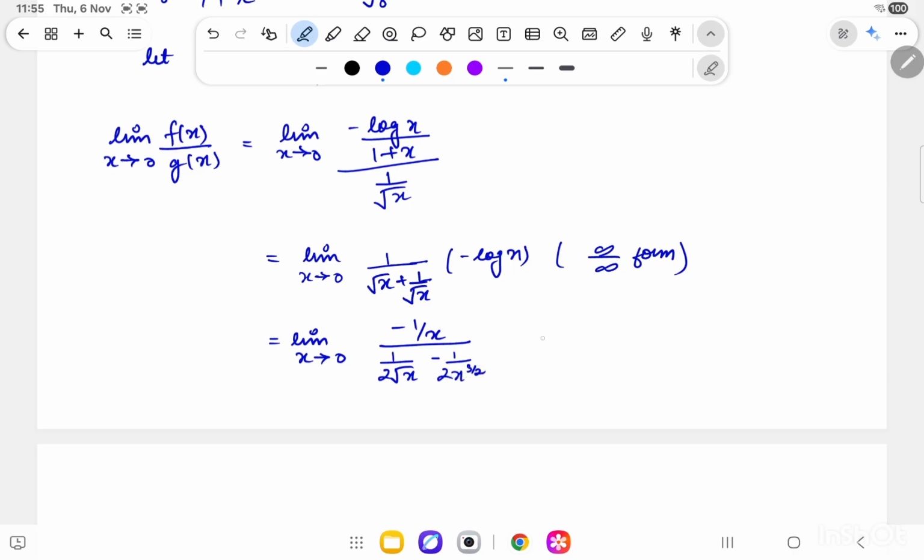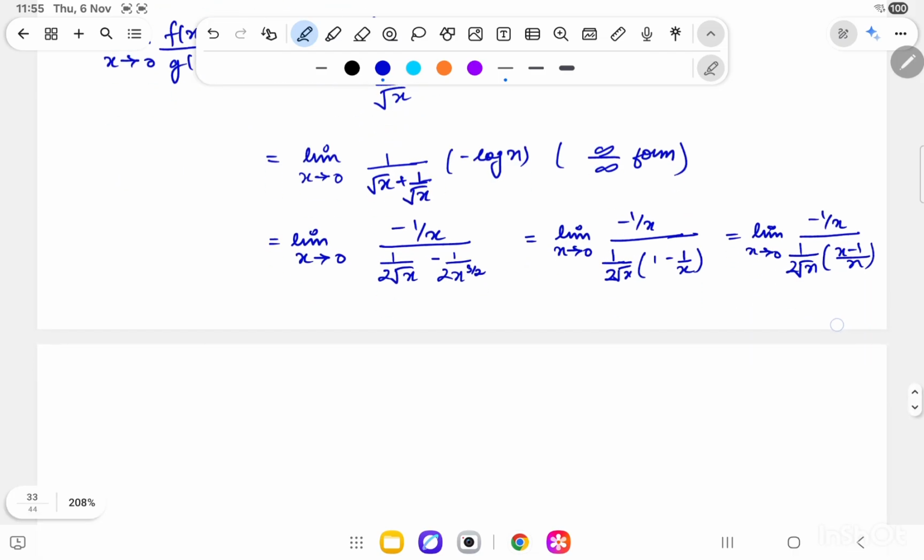Now this simplifies to limit x approaches 0 of minus 1 by x, and in the denominator I can pull out 1 by 2 square root of x, so it will be 1 minus 1 by x, which equals limit x approaches 0 of minus 1 by x divided by 1 by 2 square root of x, x minus 1 by x.